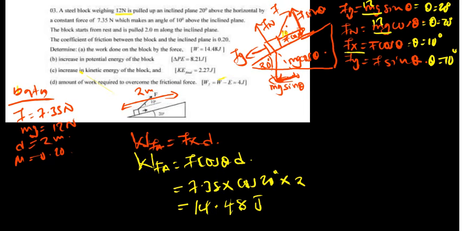The final answer, sir. The final answer is 14.48 joules. When you punch it on the calculator, it is giving me 13.8. No, it can't give you that. 7.35 times cos 20.